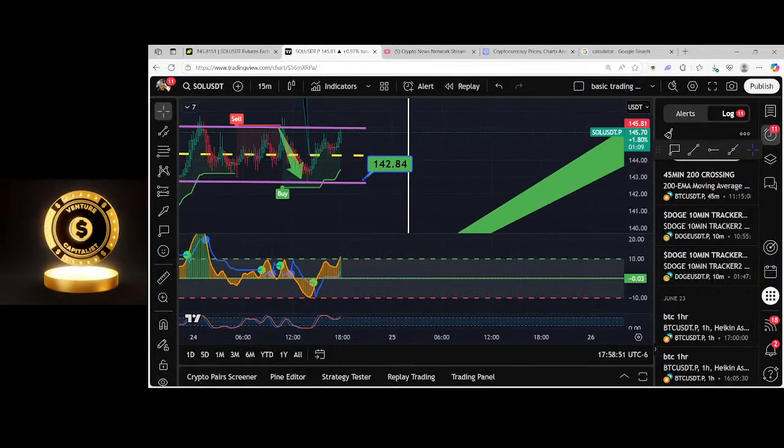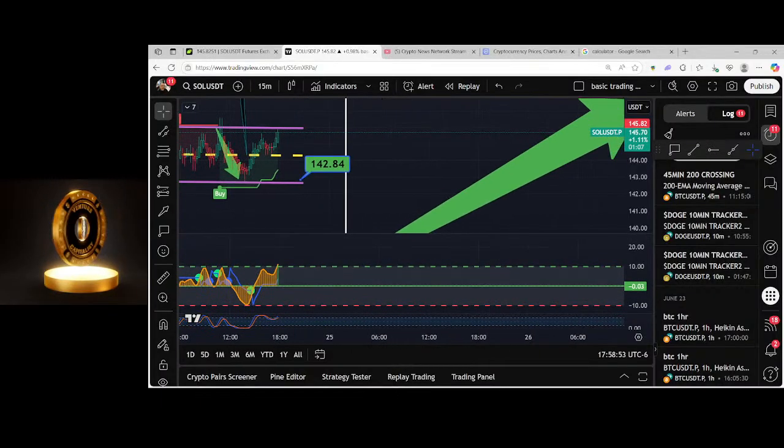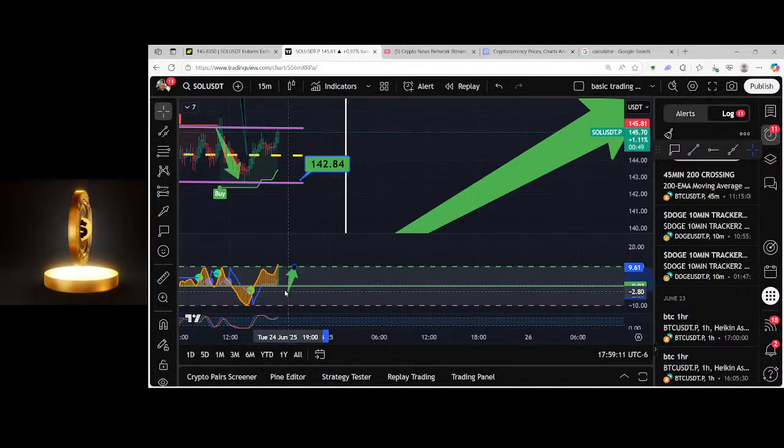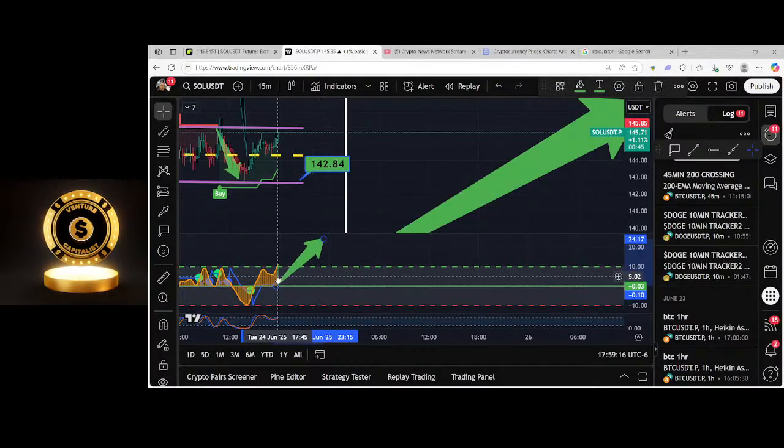So you can see currently we're above, right? You see how this 15-minute went up and touched this parallel line, got rejected and came down? This is what we talk about. Remember, we were talking about this in the other videos, that when the 15-minute RSI rejects the 10 threshold and comes back down, when it starts to head back up, that's our buy.